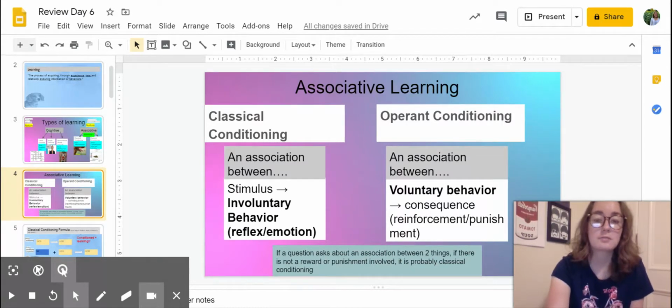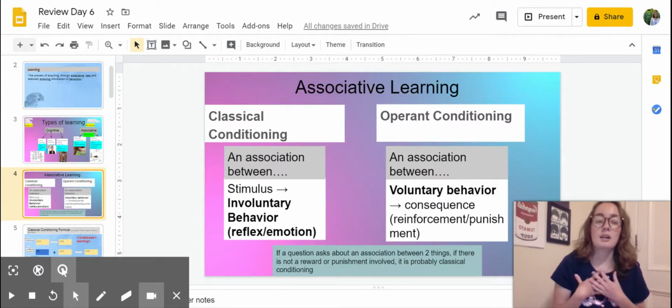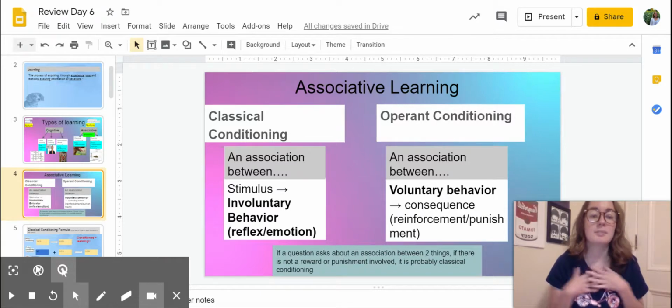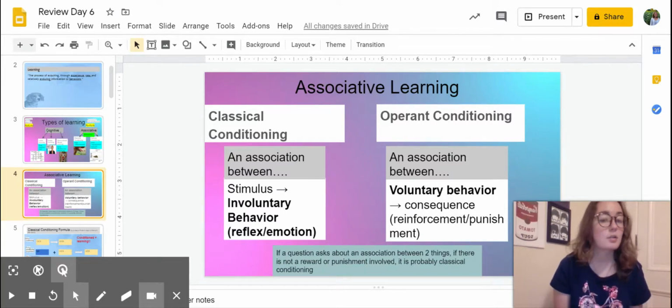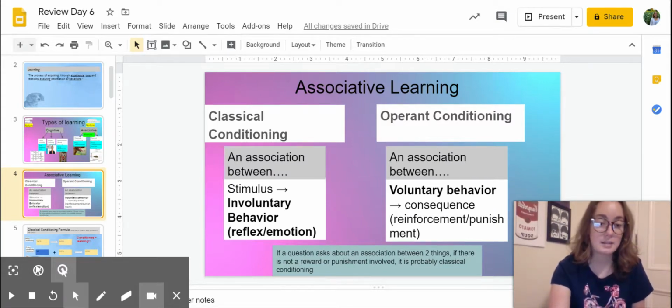So you can think of reflex, like startle reflex, your heart rate going up, sweating, kind of that initial fear response, or just emotion that you can't help, like fear, surprise, etc. So it's an association between a stimulus that then causes you to have a certain involuntary response that you can't help. It's just kind of a natural thing that's going on.